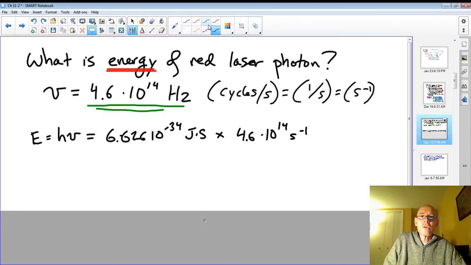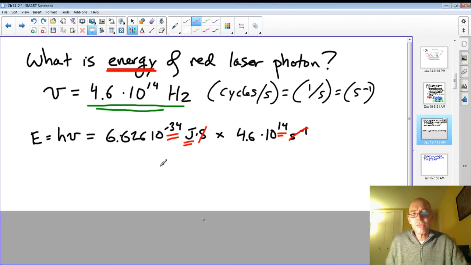And then recall, of course, that those units are going to cross out. This is in the denominator per second, so the seconds cross out, and you get left with joules. And you can see that this is going to be a really tiny number. I don't have my calculation in front of me, but if you do 6.6 times 10 to the negative 34th times 10 to the 14th, you're going to get an answer of around 3 times 10 to the negative 19th, roughly. So it's 10 to the negative 19th of a joule.